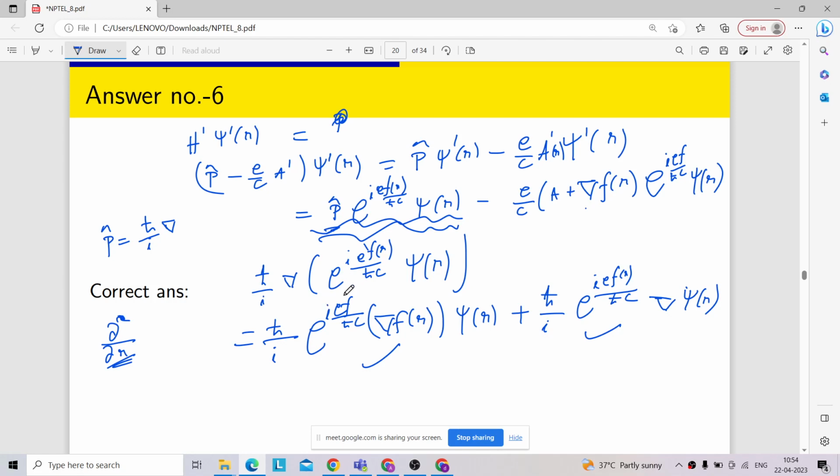I took the derivative with respect to this e to the power of this function, so the chain rule will apply, and I will get i e over h cross c. The h cross will cancel, so I will be left with e over c times e to the power of this term, gradient of f of r, psi of r.